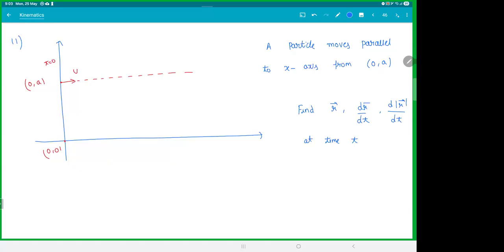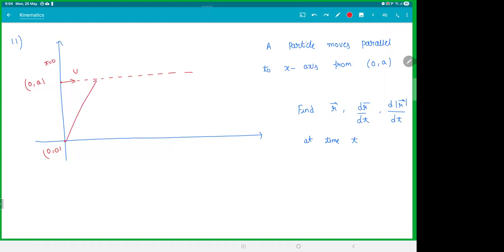So there is a particle going on a straight line parallel to the x-axis. Find the position vector at time t, find dr by dt, and find d mod r by dt. That is the whole question.